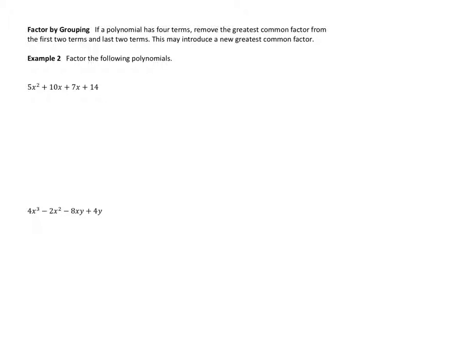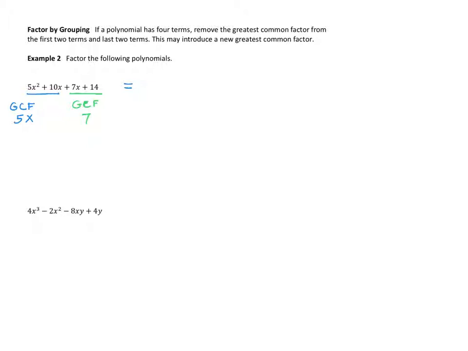If this situation arises, I want to try this other method where we're still going to use a greatest common factor, but remove it from the first two terms and the last two terms and figure this out separately. All right, so the greatest common factor for the first two terms is 5x, and the greatest common factor for the last two terms is 7.